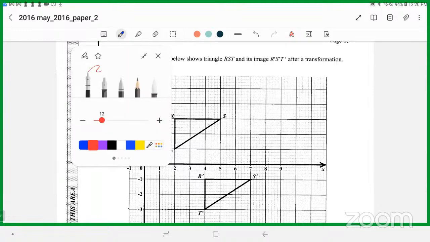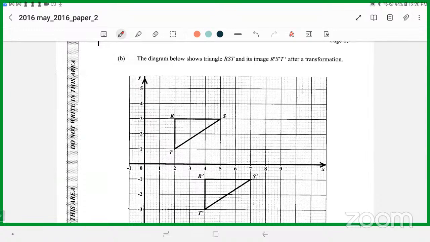They're going to ask me to describe it anyway, so might as well figure it out from now. Just need to see what happened to one point, like S. How many units to the right? 2 units. Check if it's actually 2 units: 5 to 7, that's 2 units, yes.